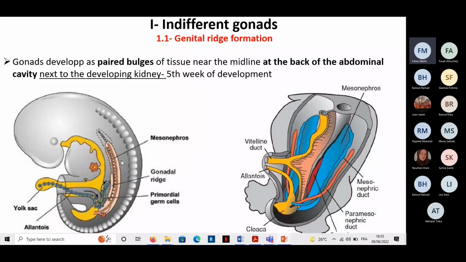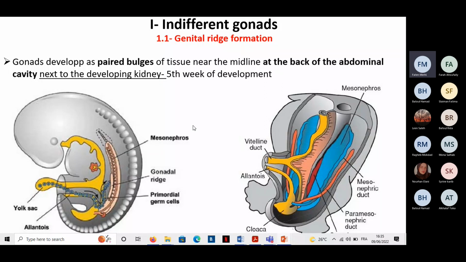Next to the kidneys, the genital ridges or indifferent gonads will form, as you can see here, as paired bulges, a pair of outgrowths, like a swelling from behind, near the middle line at the back of the abdominal cavity.